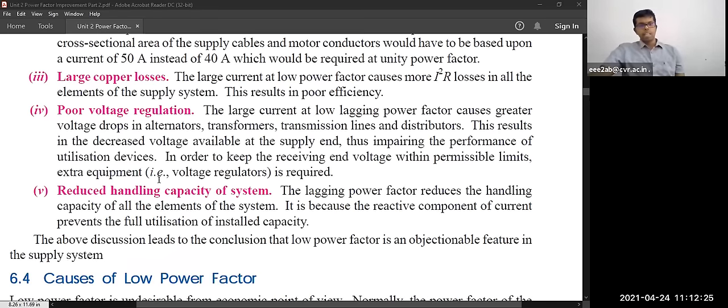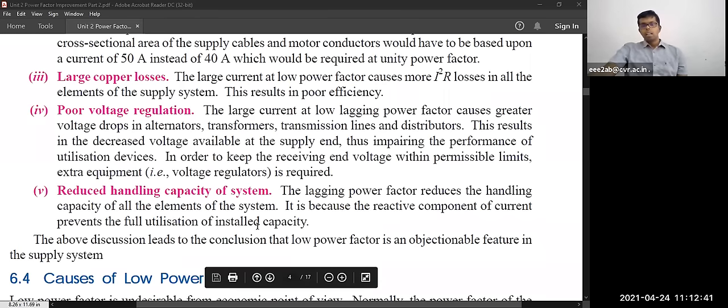Next is reduced handling capacity of the system. A lagging power factor reduces the handling capacity of all the elements of the system. It is because the reactive component of the current prevents the full utilization of the installed capacity. So the utilization of the installed capacity will be decreasing.